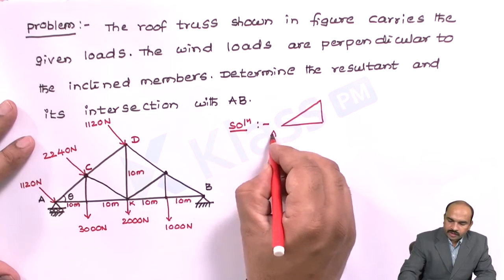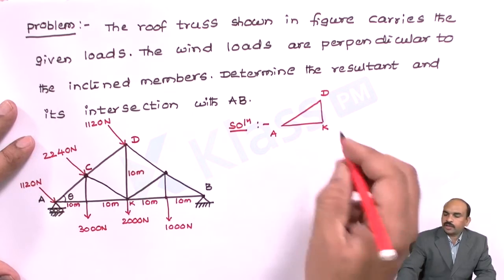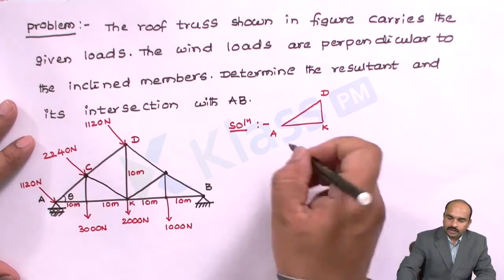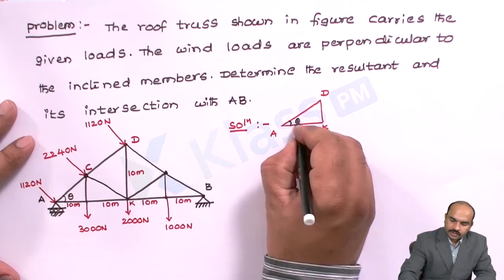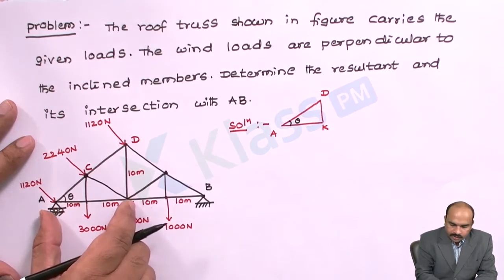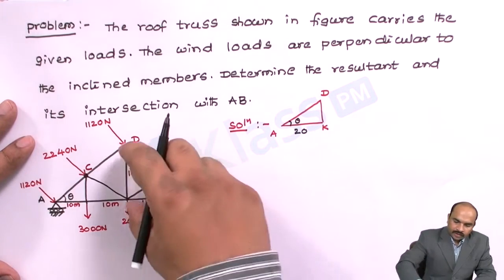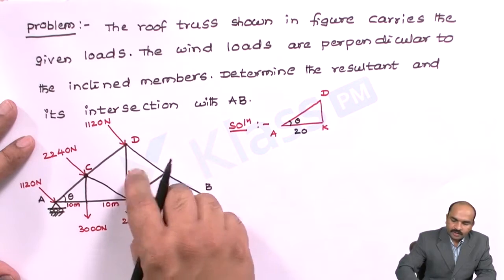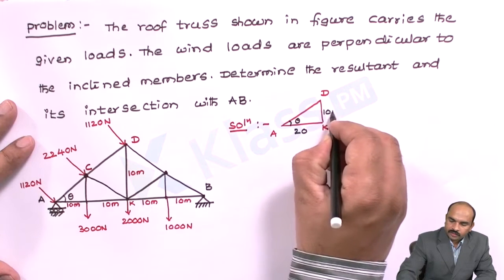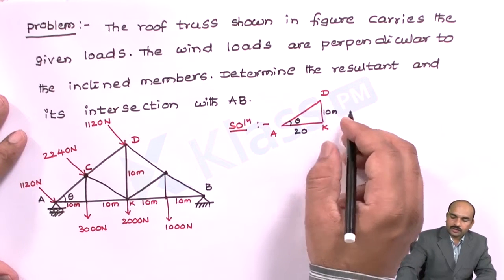This point is A, this is D, this is K. Now we have to calculate this angle theta. We know this A to K distance is 10 plus 10, 20, and this DK distance is given as 10 meters. So we can calculate this length AD.